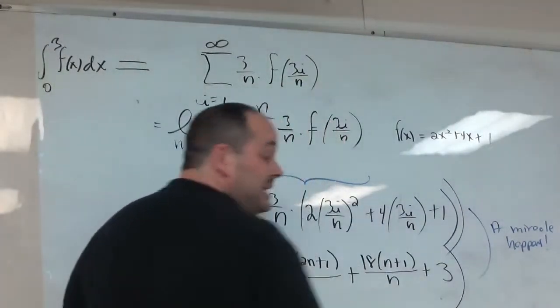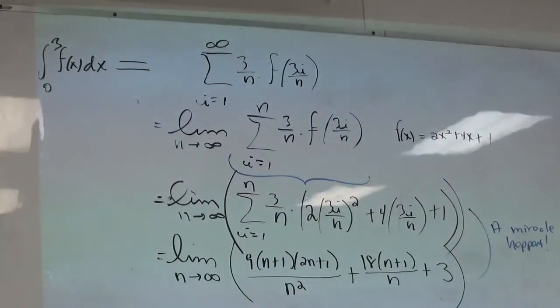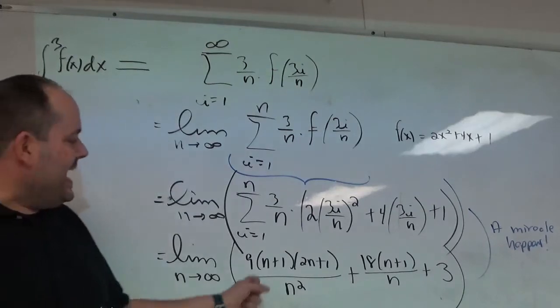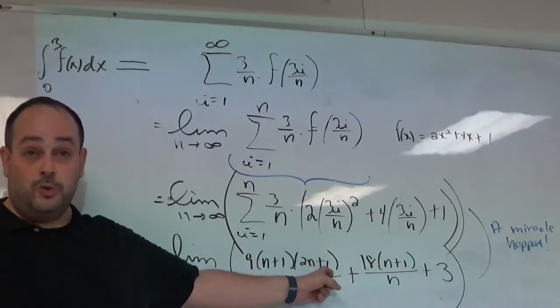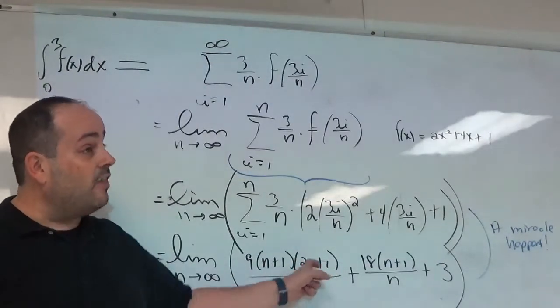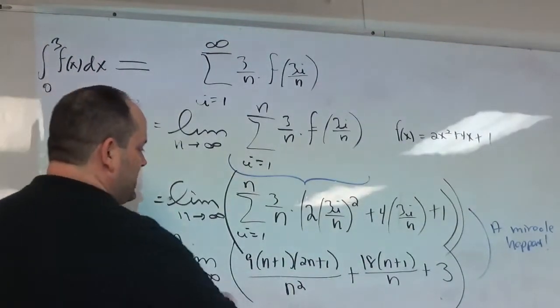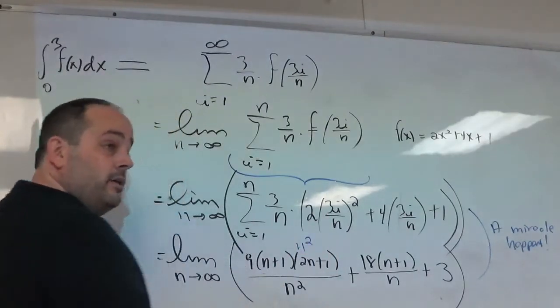What we need to do in this last minute or two: what's that limit? What happens as n approaches infinity? You've got 9 times n plus 1 times 2n plus 1, and if you were to multiply all that out, you're going to get something with an n squared, right?